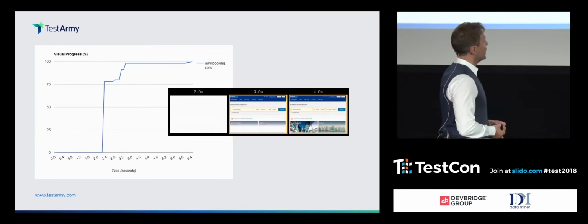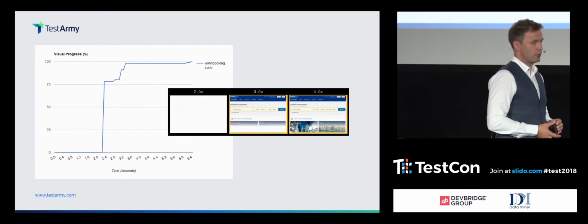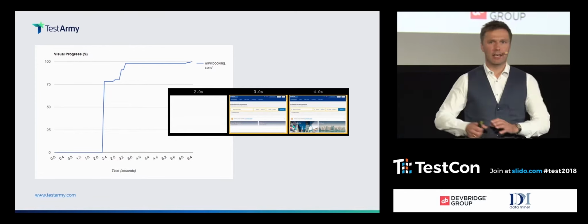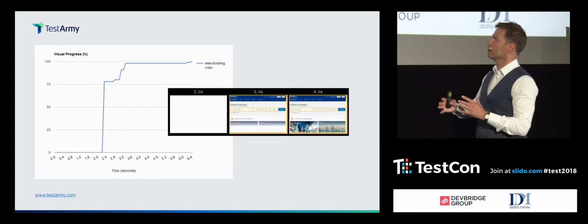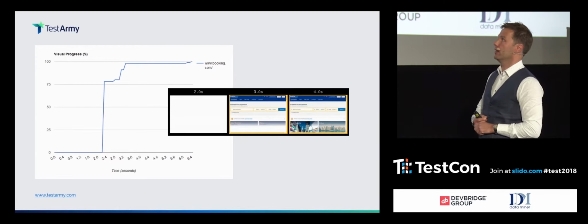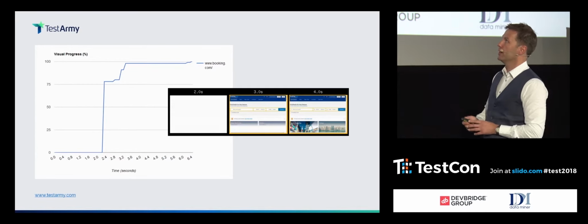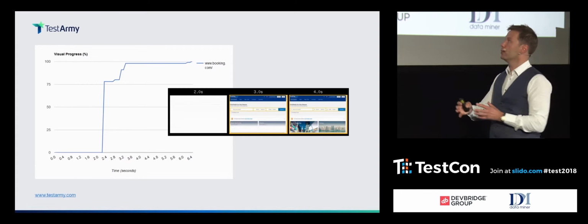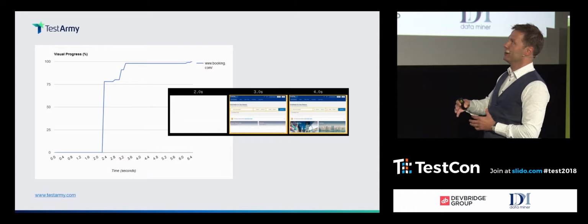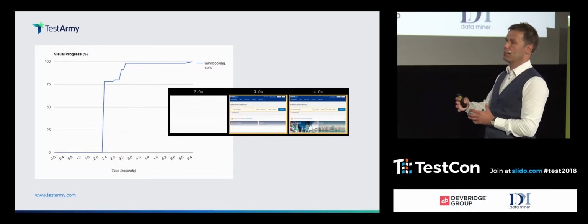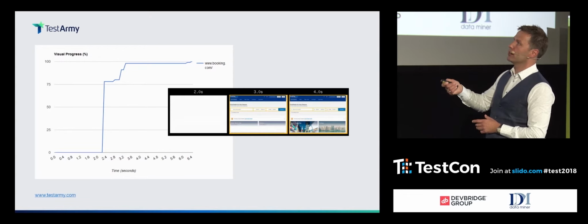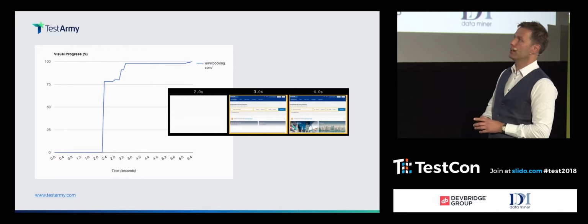And here you can see another approach for measuring performance from the user perspective. It's an approach that requires collecting, or creating, a movie during the process of loading the page. And then this movie is somehow processed, and we know when different elements of the page appeared, and then we can draw a chart that will tell us how many objects at a given point of time were visible on the web.